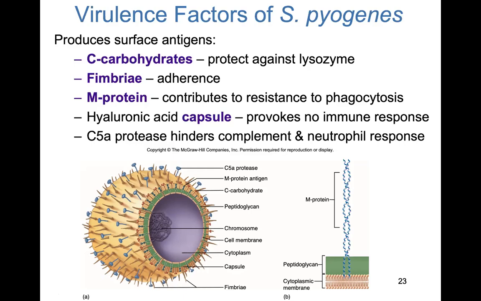So it literally hinders those from attaching. It hinders the neutrophils and everything from supermarking or super tagging this bacteria, right? So once again, it has a lot of virulence factors that help it stay alive or dodge the immune system, per se, right?